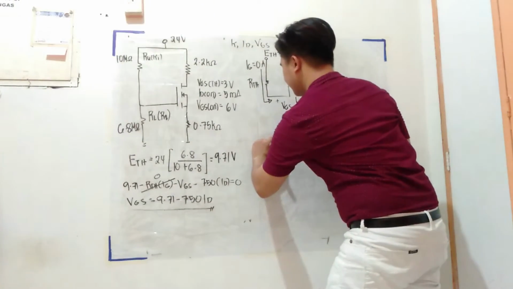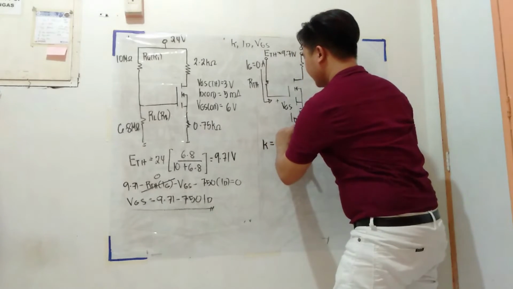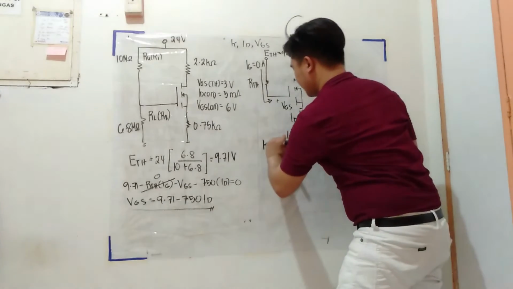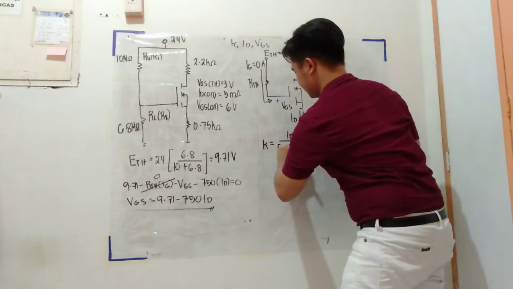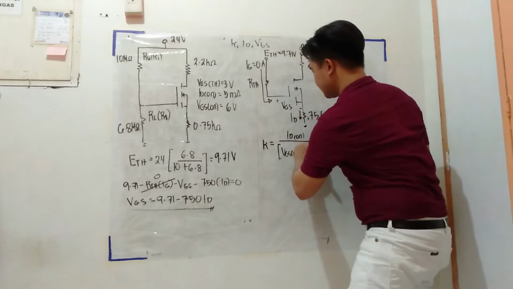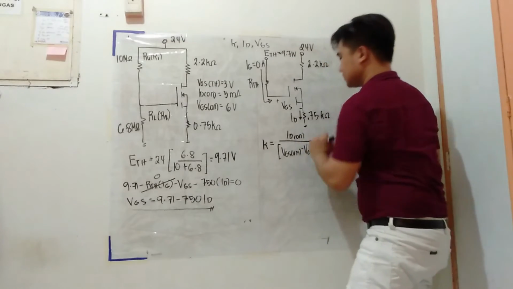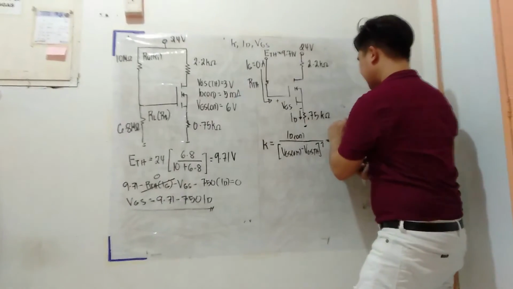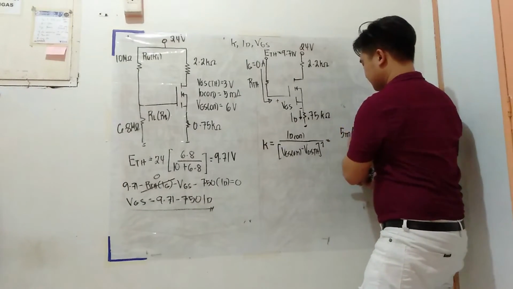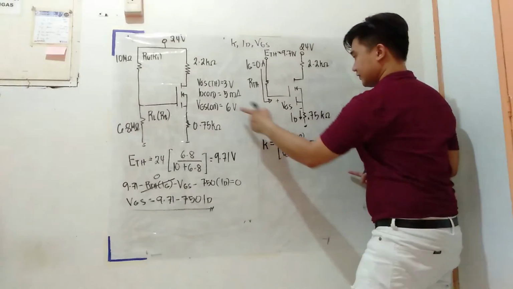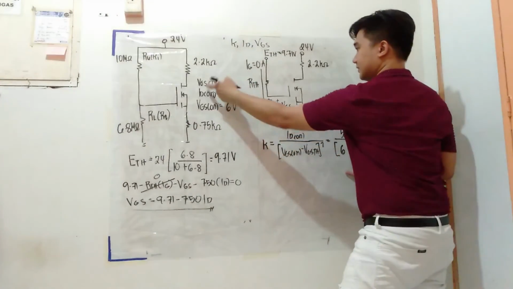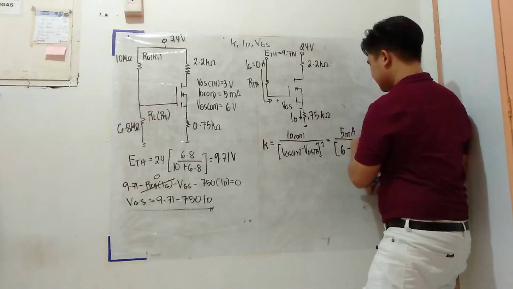So, to get the value of K, that is ID on all over (VGS on minus VGS TH) squared. So, your ID on is 5 milliamperes all over (VGS on 6 minus VGS TH 3) squared.